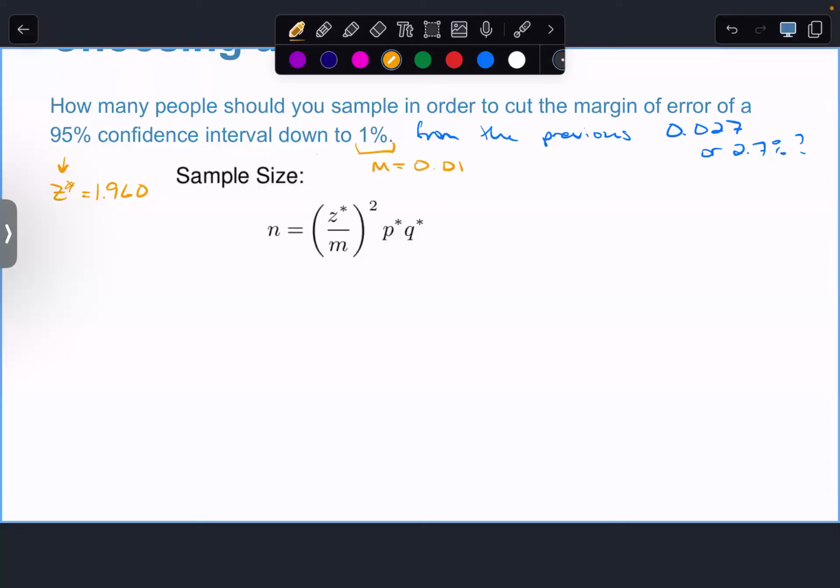Your M has to be as a proportion, not a percentage. Okay. So N is going to be 1.960 divided by 0.01 times P star Q star. We said we had two options for P star Q star.